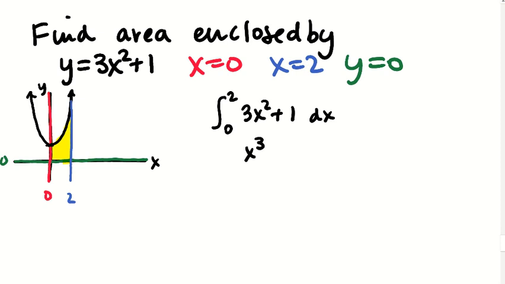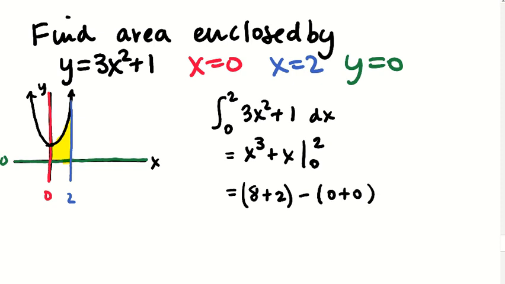And then what about 1? Yeah, for some reason that gave them a lot of problems last year, the antiderivative of 1. They would try to say it was 0. And then we're going to plug in 0, and we're going to plug in 2. Okay, so that's going to equal 2 to the third is 8 plus 2, minus 0 plus 0. So that's going to be 10. That's a problem we can do.